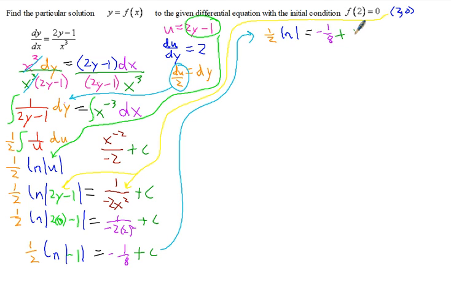And then remember the natural log of 1 is 0, because that's saying e to what exponent is 1, which is 0. So that 0 wipes out this whole side, so you get 0 equals negative 1/8 plus c. And then you can see if you just add the 1/8, you get c equals positive 1/8.